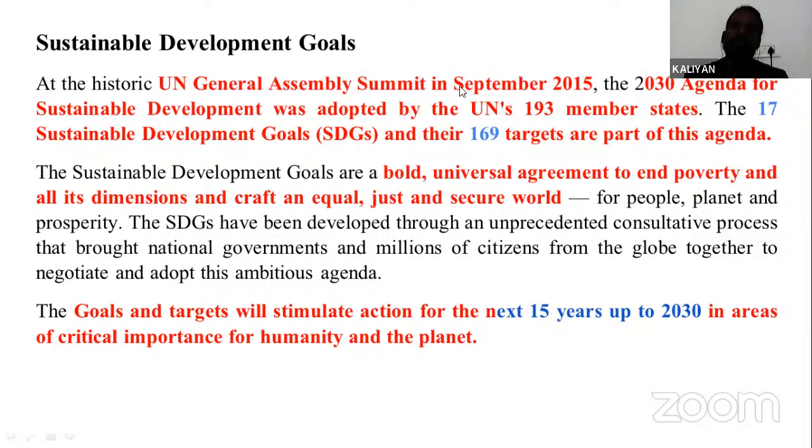In 2015 they set up the 2030 Agenda for Sustainable Development, adopted by the UN and 193 member states. Millennium has 8 goals and 18 targets, and sustainable development has 17 goals and 169 targets. The period is 2015 to 2030.